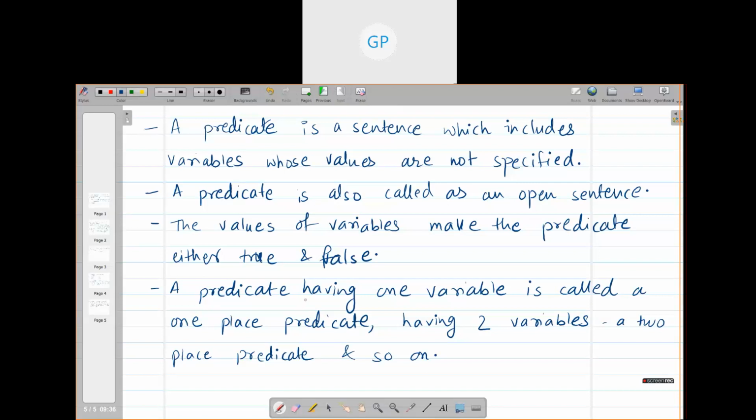Yeah, write down the next one, n place predicate.